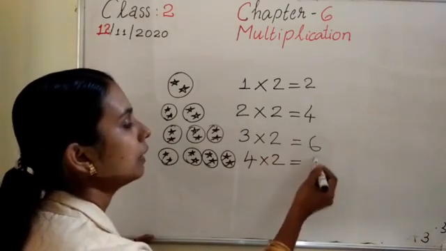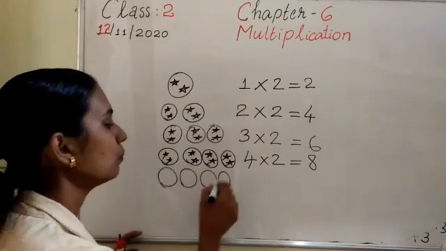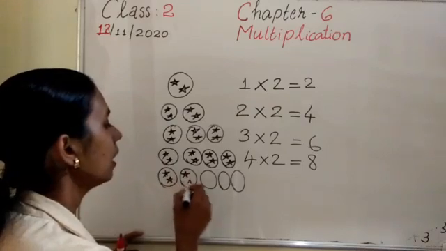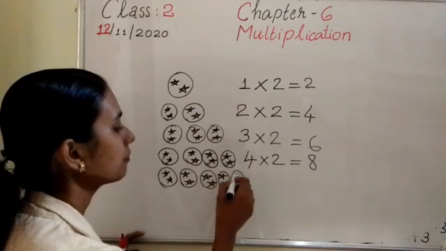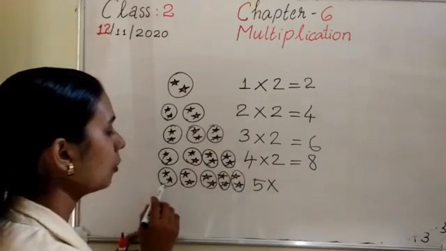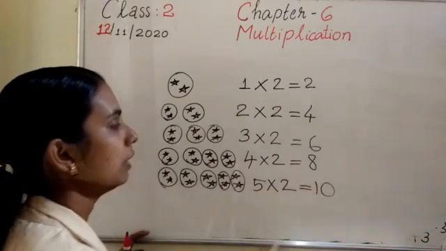How many in all? 8. How many groups are there? 5 groups. And each has 2. So 5 2s are 10.